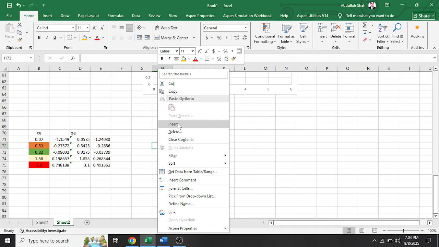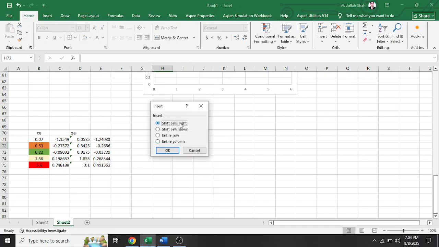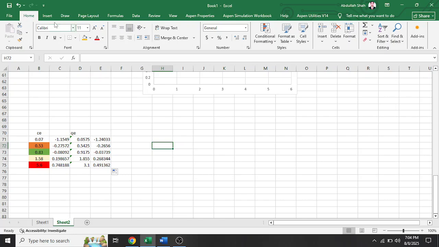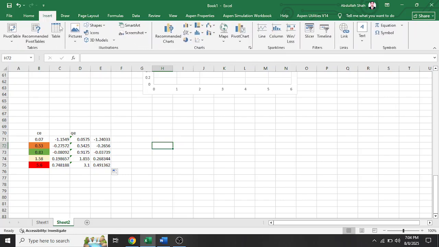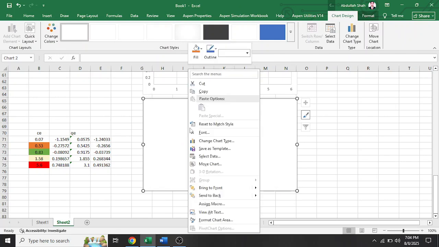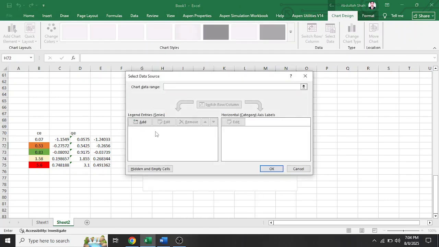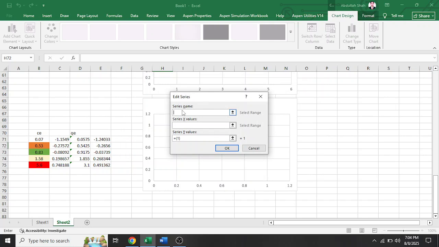Now right click and insert. Go to draw, go to insert, go to chart. Now click on this, select data. This is the Freundlich isotherm, suppose.